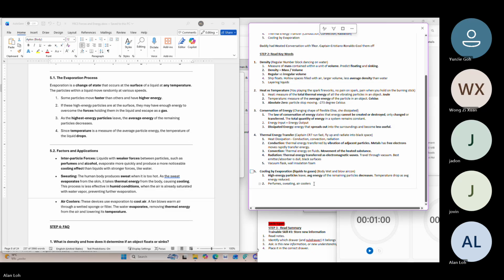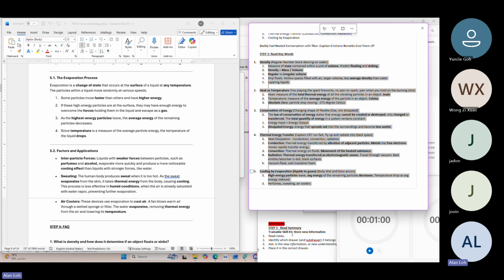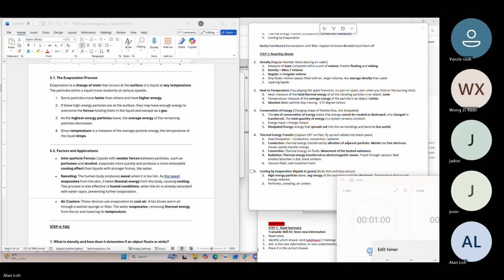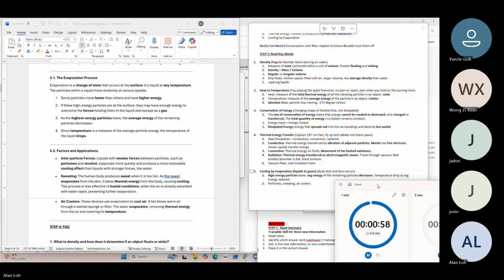Okay, now, before we go to step 4, read this one more time and tell me if you now understand it more than when you first read it like 45 minutes ago. Let's take a few seconds to read it quickly. Let's set 30 seconds.